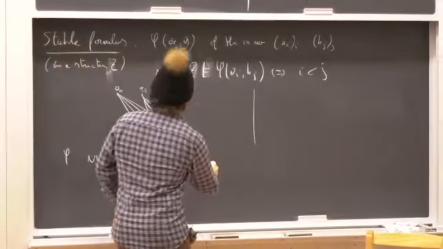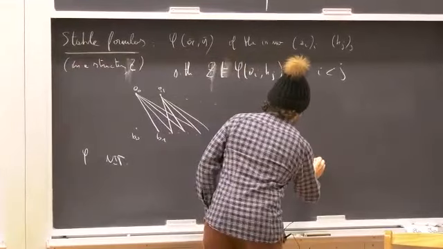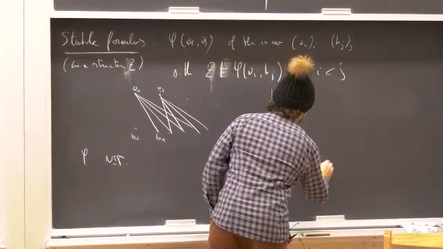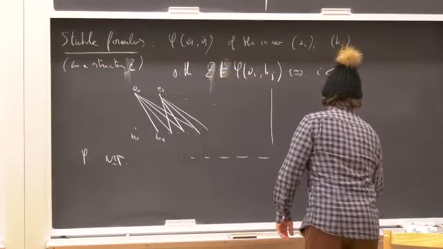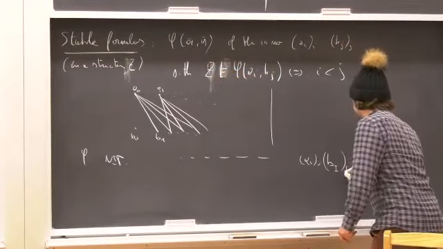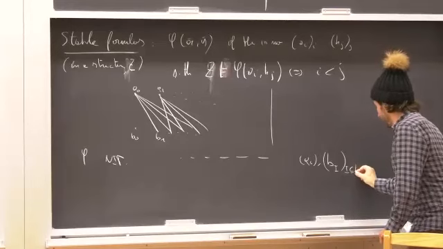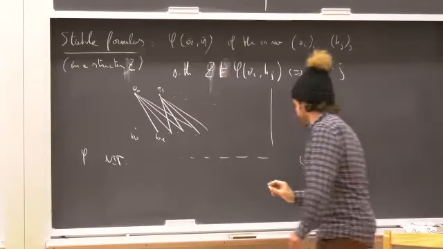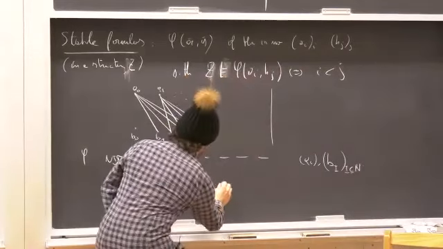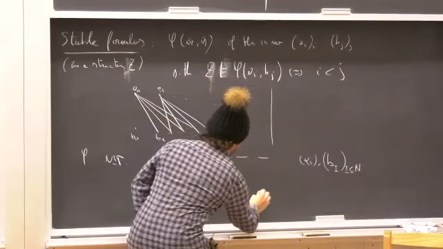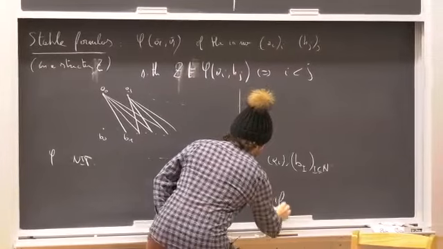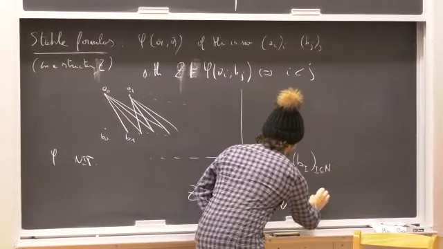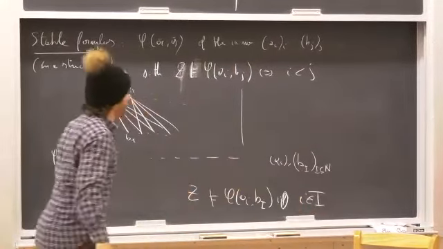So for instance, NIP: I do the same, but here I say a_i, and b_I for a subset I of the natural numbers, and then I ask the same thing: phi of a_i, b_I if and only if i belongs to I. And this is what I want to avoid.